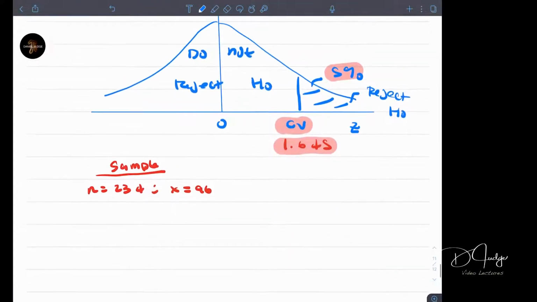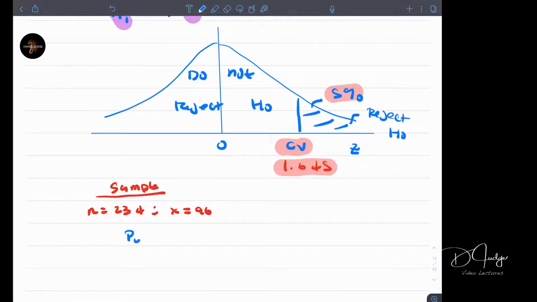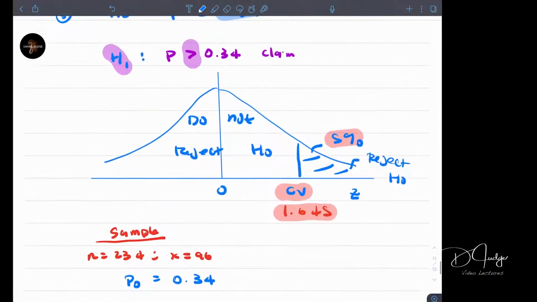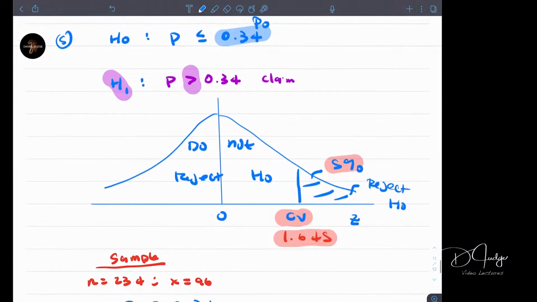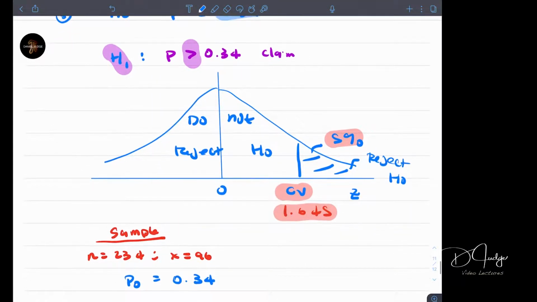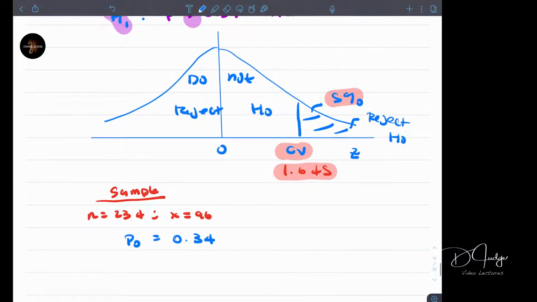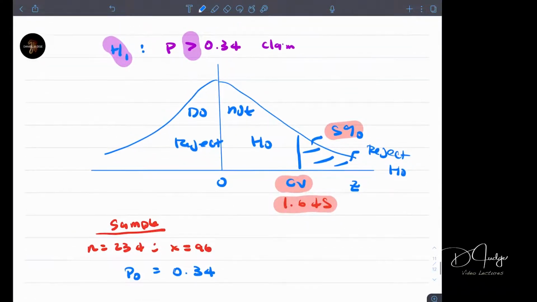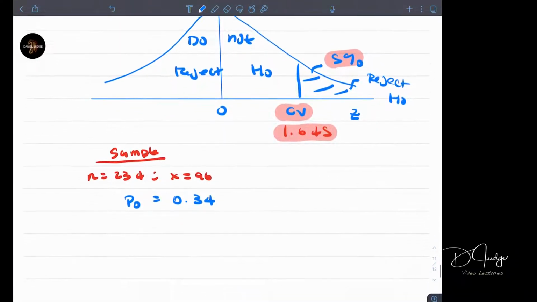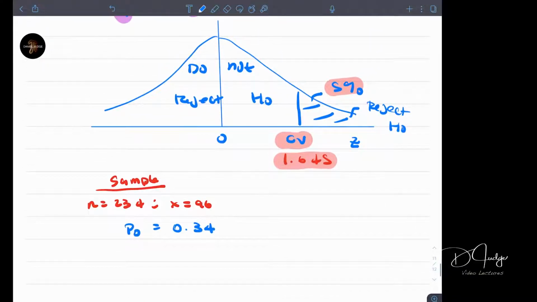So we're going to say P naught is 34%, 0.34. All right, you guys okay with that? 34%. P naught here. Fantastic. P naught, 34%. So let's go use that TI here and try to see what's going on.